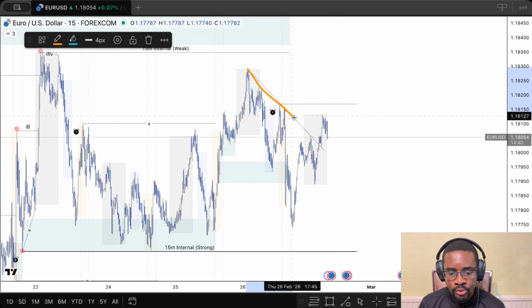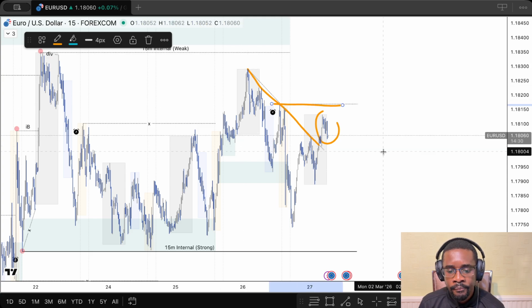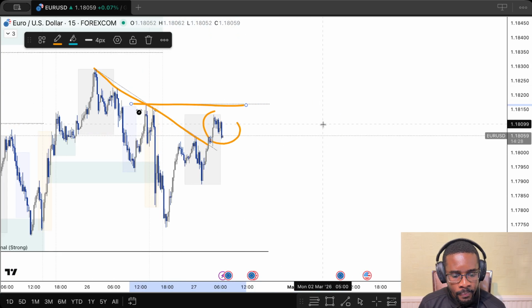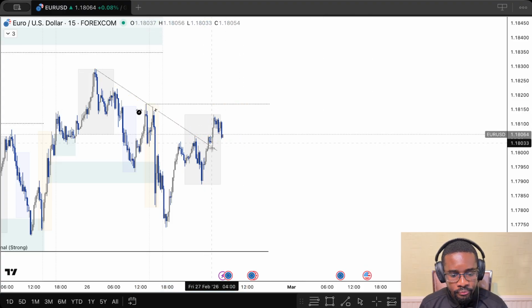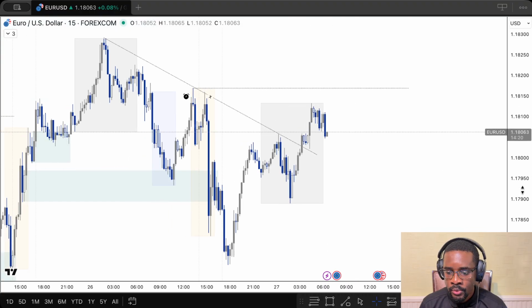This already has been swept. We're already sweeping this level of liquidity, so I'm only anticipating that maybe we'll take this. Let's see what else could happen here. Okay, so maybe for buys, this is what we could look at.